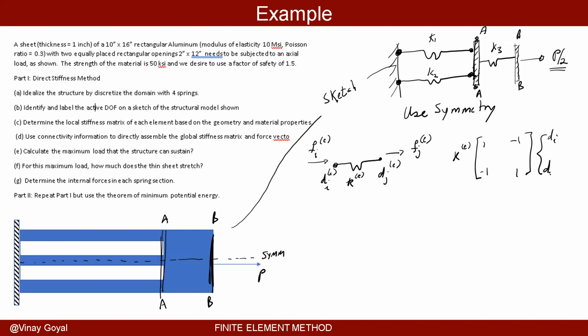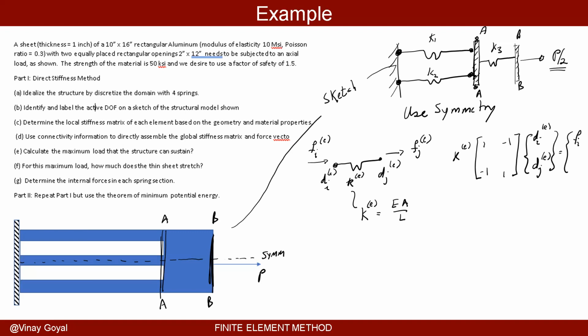And in matrix form, it will be represented by this 2 by 2 matrix, which when you multiply by the displacements should be equal to the forces in the spring at each node, Fi and Fj. All right, so that's at the level of each element.